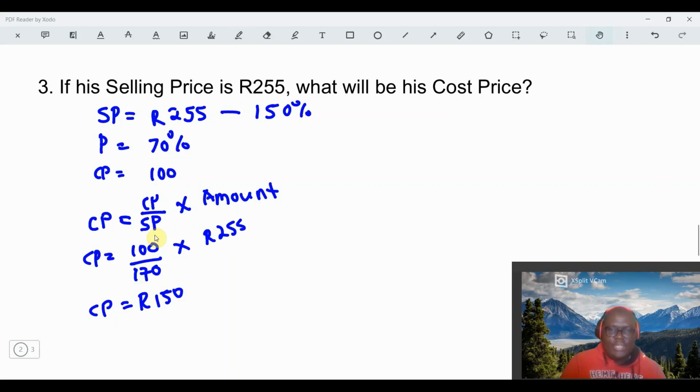You can also decide to use this method. Remember, for you to get the selling price, you multiply, right?